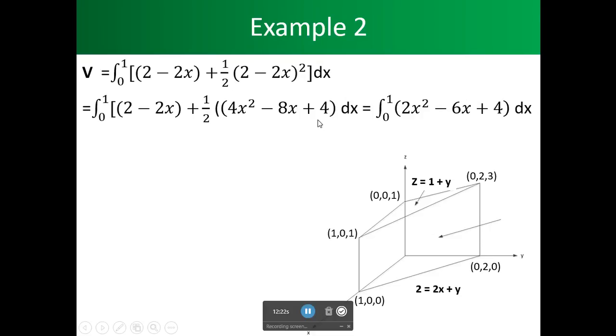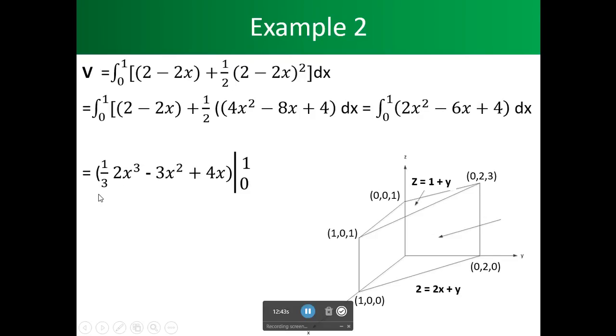Okay? So now for our integration, what we're going to do is x to the third power, 2 times x to the third power. We keep the 2, the constant, out front.